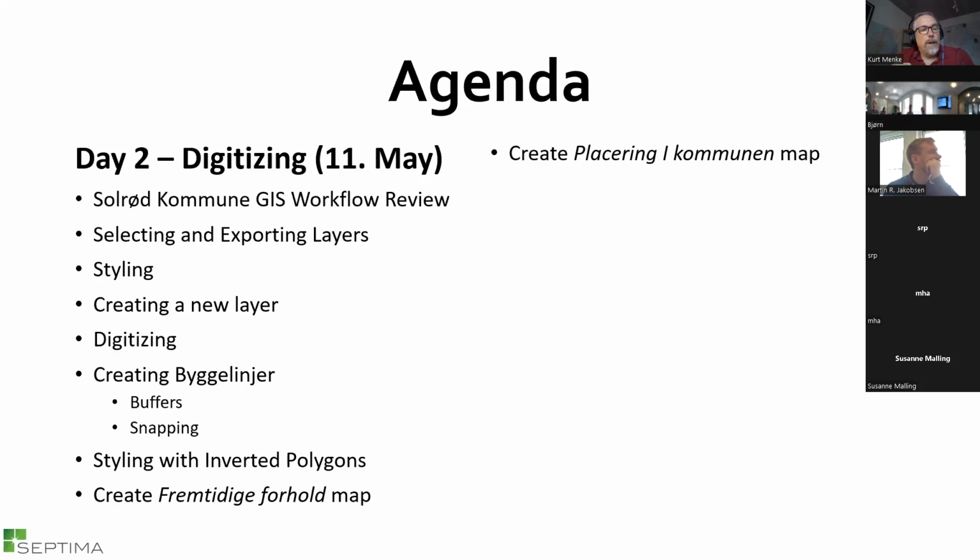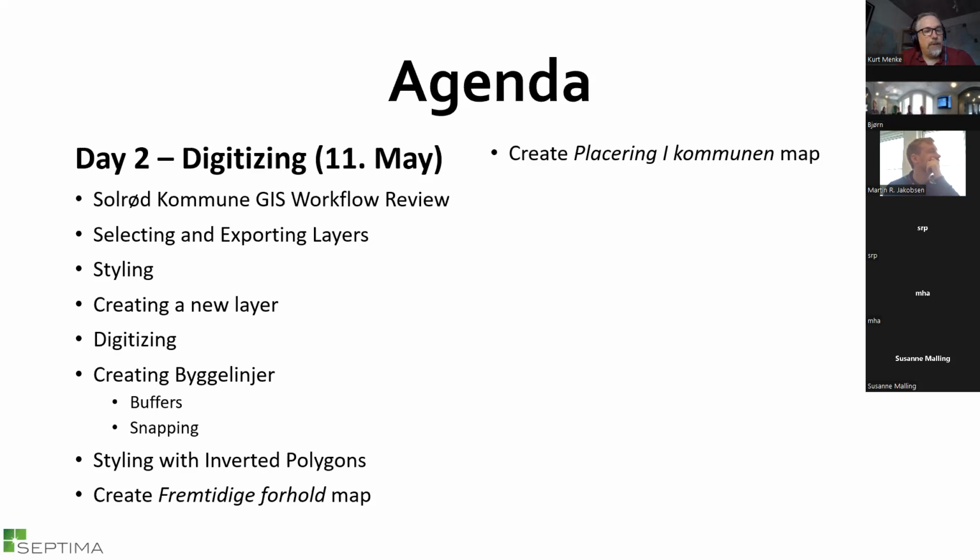And then we'll go through how to digitize the new features and show you some tricks, because I know the Byggelinjer have to be specific distances from certain features. So I'll show you how to accurately create that.